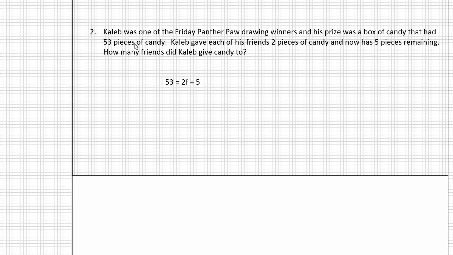Because he started with a total of 53 pieces of candy, so there's my 53, and that's the total, and so I set that equal to 2 pieces of candy times all of the friends that he gave it to. That's what we're trying to figure out, so I use f for the number of friends, and plus the 5 pieces that he has remaining.